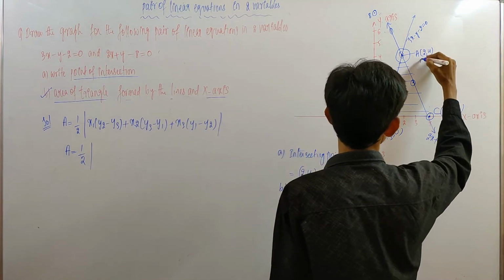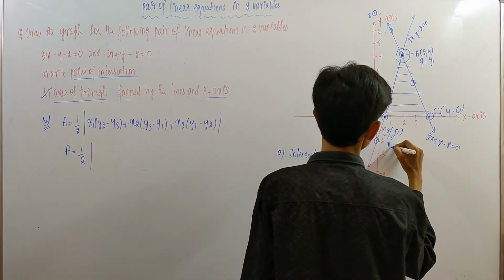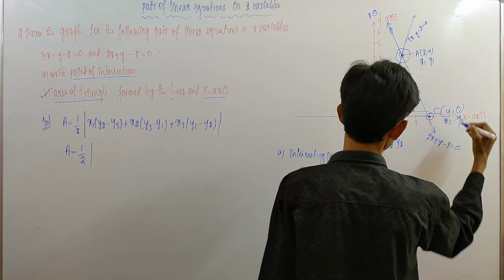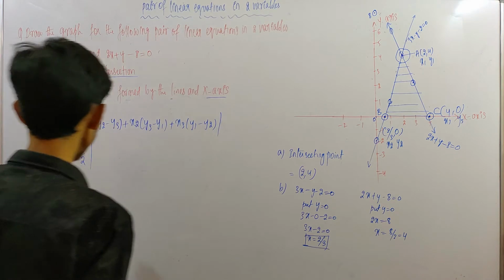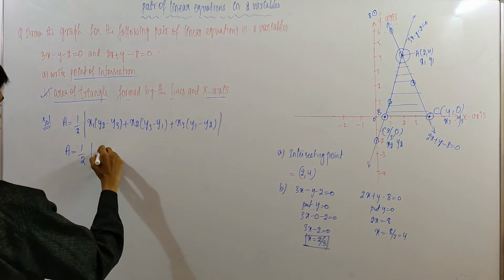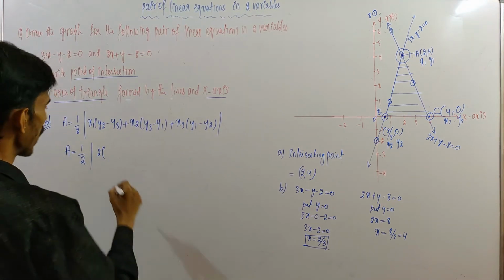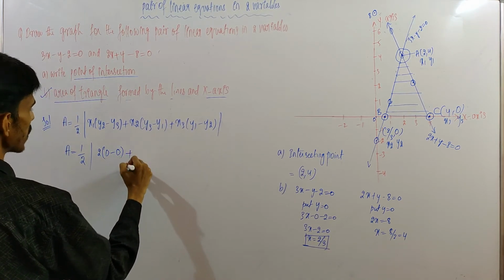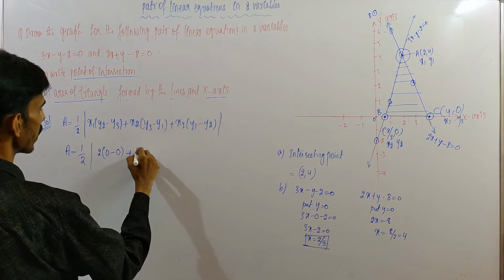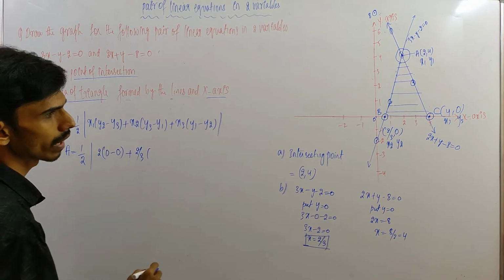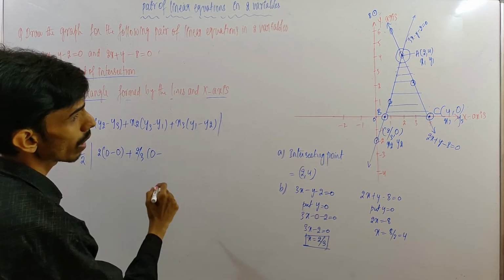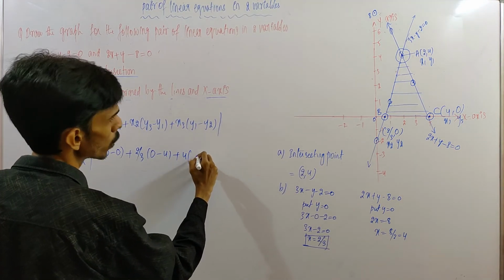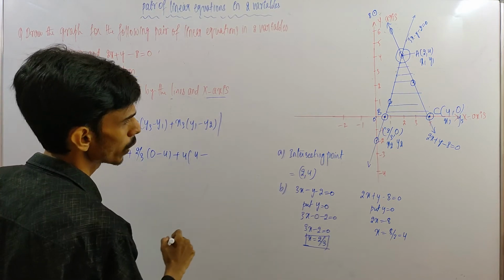Let us take these as x1, y1, x2, y2, x3, y3. Now x1 value is 2, y2 value is 0 minus y3, y3 is also 0, plus x2, x2 value is 2 by 3 into y3, y3 value is 0 minus y1, y1 is 4, plus x3, x3 value is 4 into y1, y1 value is 4 minus y2.